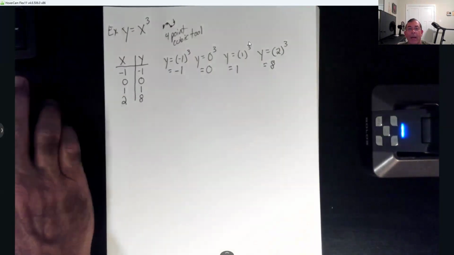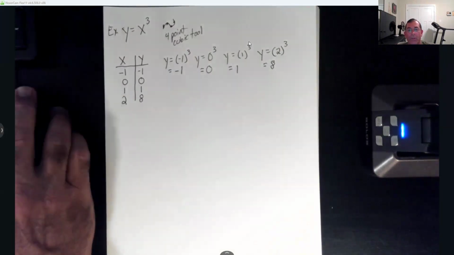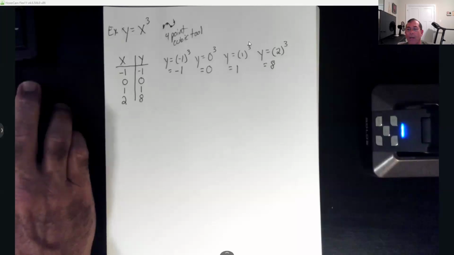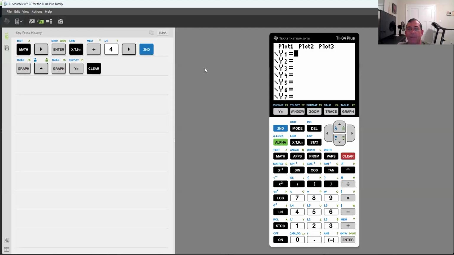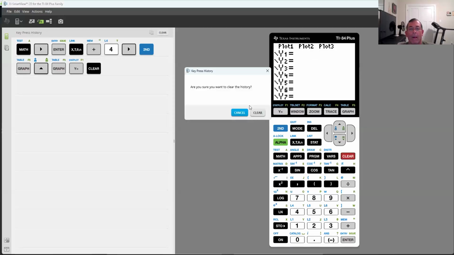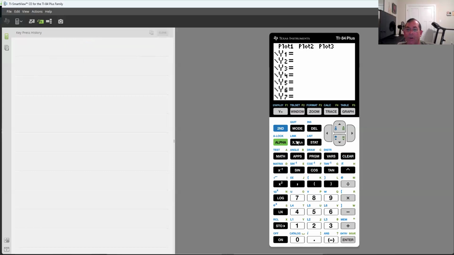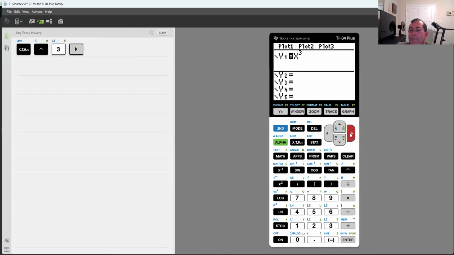Now, can we do this on the calculator? Of course. Go to y equals. Let's clear this stuff out. So we had x to the third, so I'm going to hit my x. So now, since I got a cube, I'm just going to use this, what I call caret key, the upside down V under the clear button, and put in my cube.